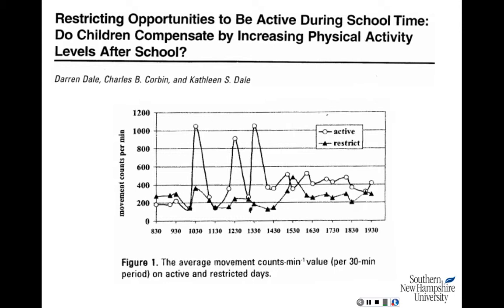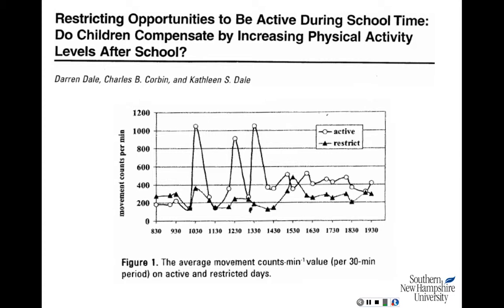Okay, here's an example. This is one of our practice articles that you'll see in this course. It was kind of a neat little study. They restricted opportunities to be active during the school day. This study was done at an elementary school in Arizona. The researchers went into the school, and on one day, they made all of the kids stay indoors all day long.